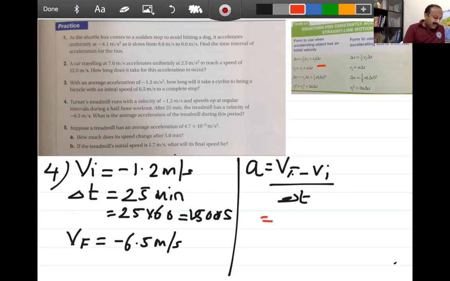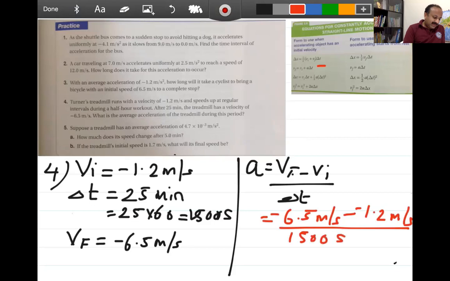So what's your Vf? Minus 6.5 meter per second minus what's your Vi? Minus 1.2. So minus and minus, this will become plus, okay? Divided by time taken is 1500 seconds. So this is going to be minus 6.5 plus 1.2. That is how much? 5.3.